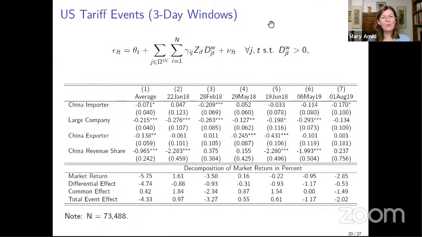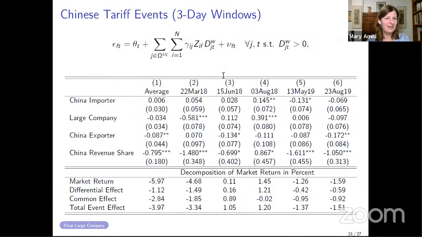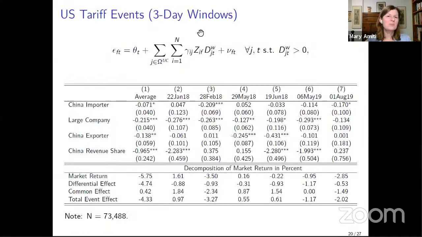Here I'm just showing the US tariff events, but what I want to emphasize is that this is actually just one regression that goes over to the next page, which is for the China events. I've just put them in columns to highlight each separate day. But as I said, we have these gammas that we're not imposing to be the same for each day.